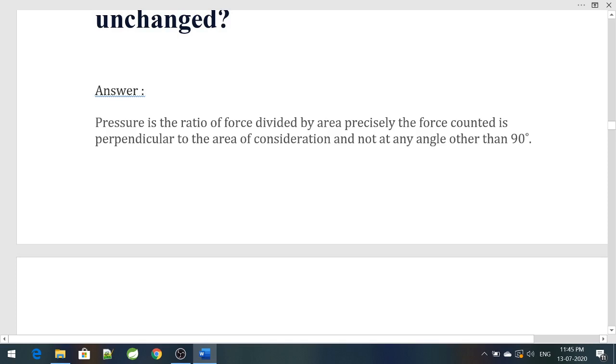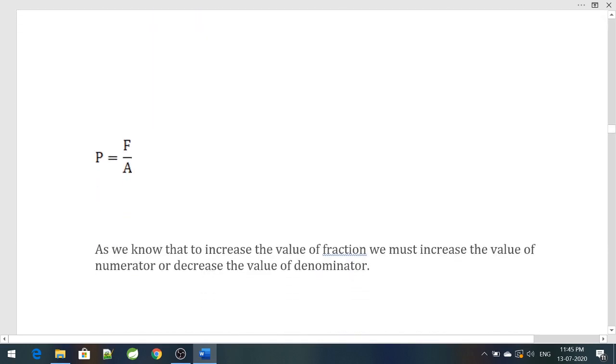Pressure is the ratio of force divided by area, precisely the force counted perpendicular to the area of consideration and not at any angle other than 90 degrees. So P is equal to F by A, that is force by area.